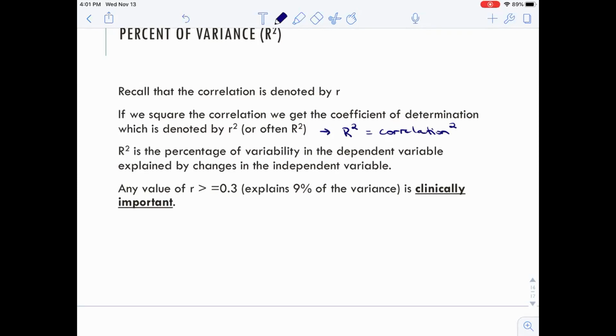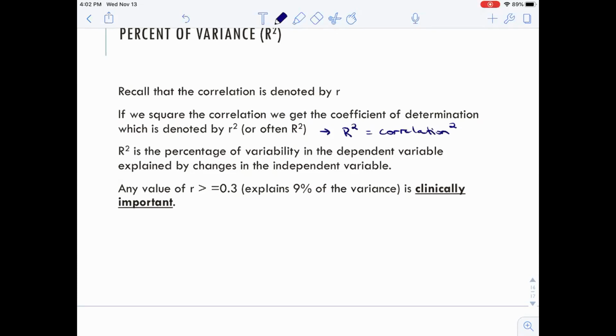Kind of a side note: if I have R², I could take the square root of both sides and find the correlation. But I would need to look at my relationship to see if it's positive or negative, to tack that negative back on if I need it, because that would be lost in the squaring. It's not important, but it is an LFF, a little fun fact.